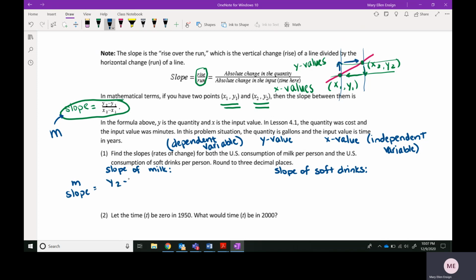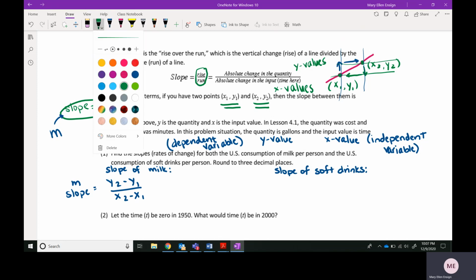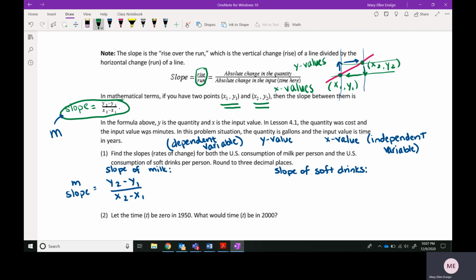equals y2 minus y1 over x2 minus x1. So it's how the y value changed over how the x value changed. Well, let's think about what that means in this case. So we have x's and we have y's, right? And in this case, the y value is gallons, how many gallons, and the x value is time, in this case, years.